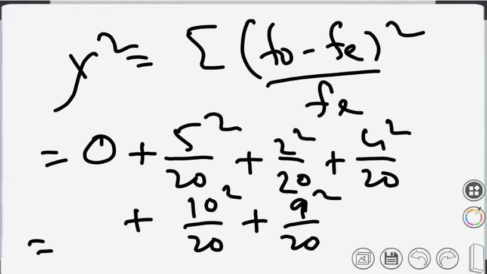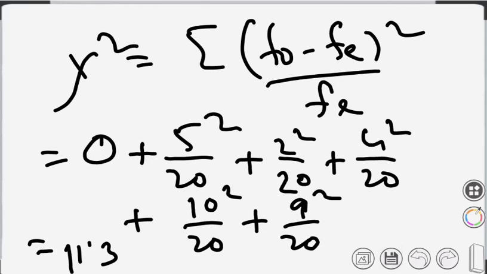How much is this? Calculate. 25 plus 4 plus 16 plus 100 plus 81 is 226 by 20, so 11.3. So the value of chi square is 11.3.